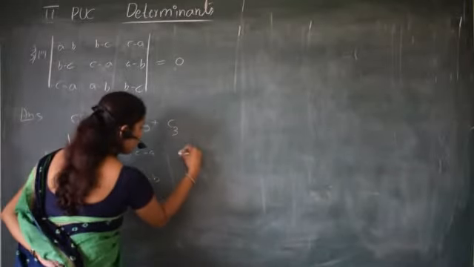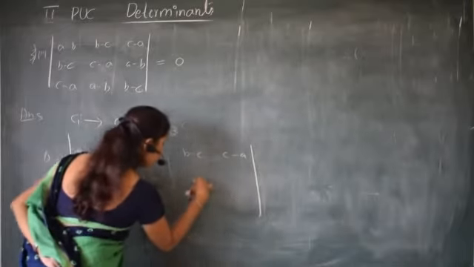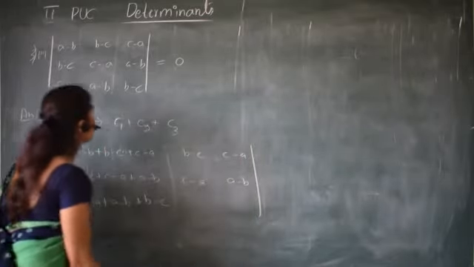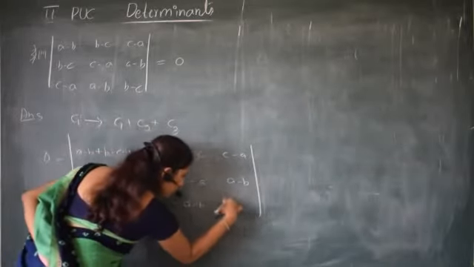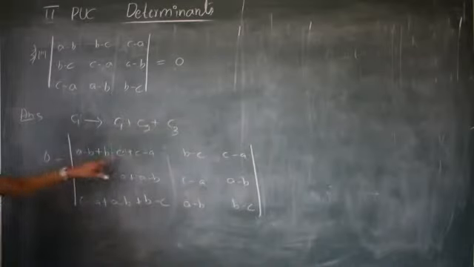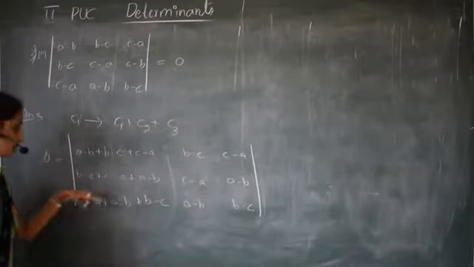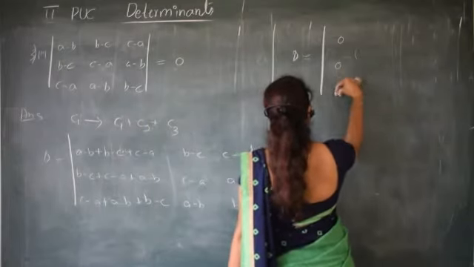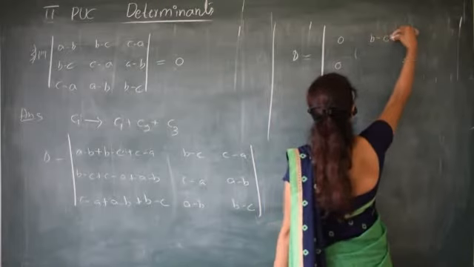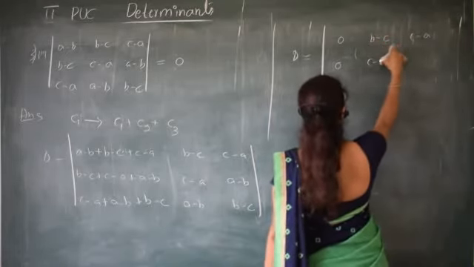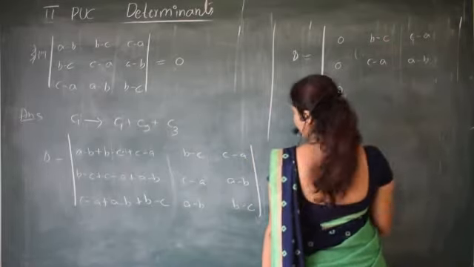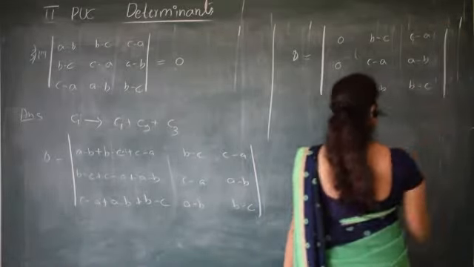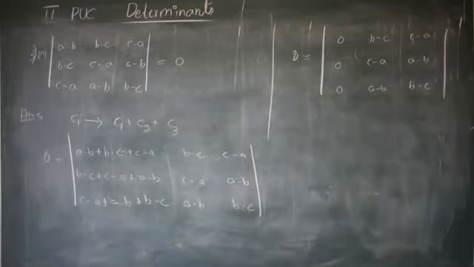Other terms are as they are: B minus C, C minus A, then C minus A, A minus B, and A minus B, B minus C. All the terms cancel, so delta is equal to 0, 0, 0 in the first column with the other columns unchanged.